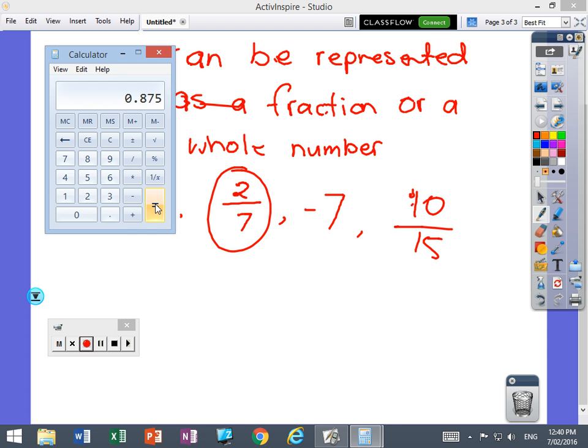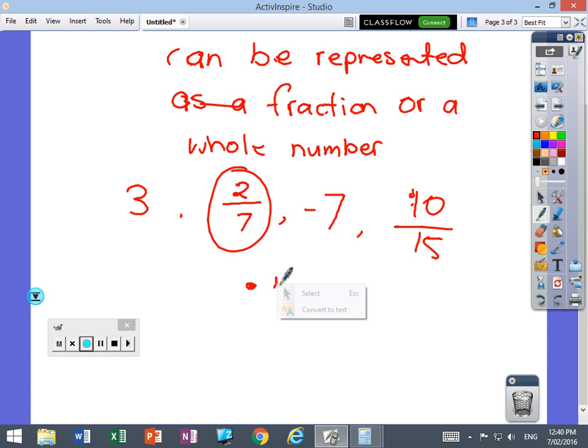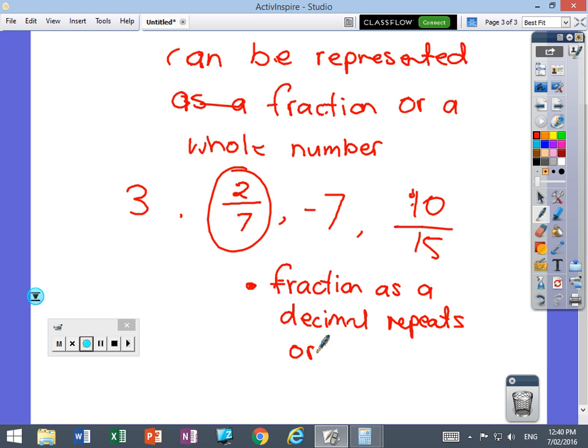So I'm just going to put in here that if a fraction as a decimal repeats or stops, it is a rational number.